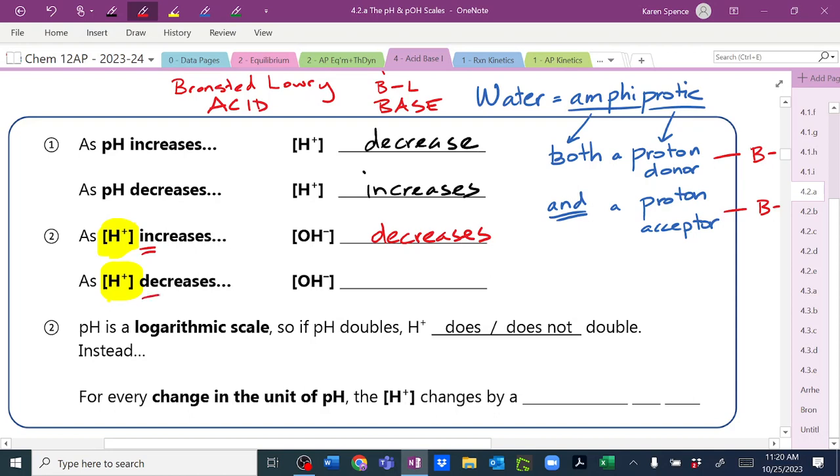As hydrogen decreases, hydroxide increases. And remember, the pH scale is a logarithmic scale. That means each pH unit is 10 times either more or less, depending on whether it gets bigger or smaller.